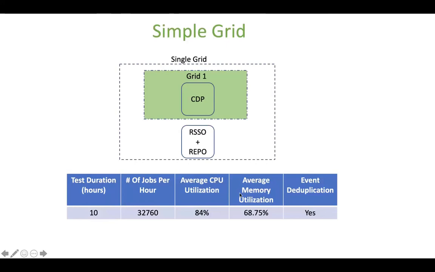So when I say we ran 32,760 jobs in 1 hour, it is in a controlled environment. When I say controlled environment, we didn't use any adapters, mainly because adapters introduce variability into our numbers.